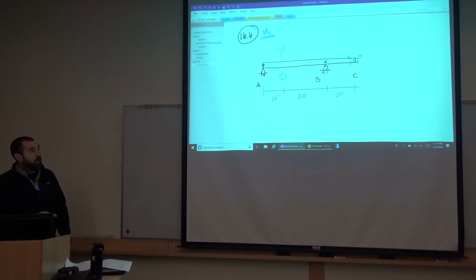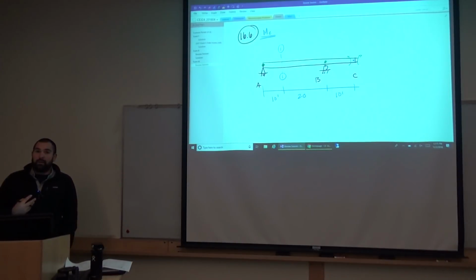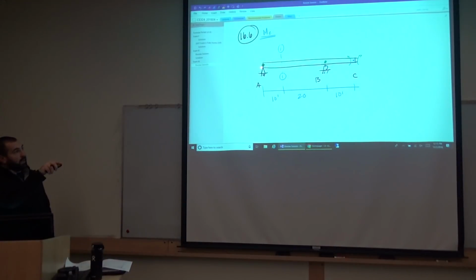We know that with our influence lines, they're always straight lines. So we need to figure out a way to rotate this side down in a way that the remainder of the beam, with no joints or anything else here, passes through A and passes through B. Is there any way to rotate this beam on the left for that to happen? It's impossible, right? If ABC is straight, it needs to remain straight.